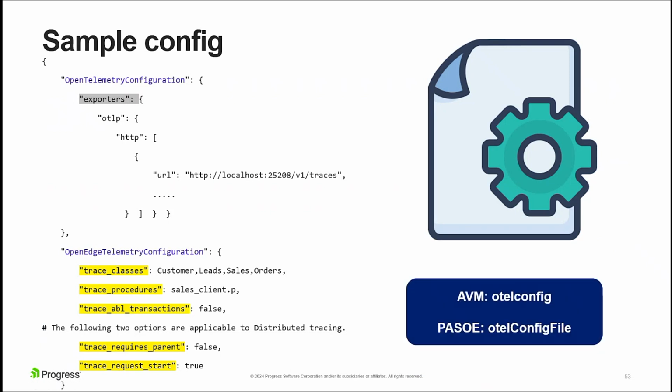For PASOE clients, we update OpenEdge.properties with the otelconfig file as the new attribute that got added to OpenEdge.properties. Exporters can be of two types: OStream, which is mainly used for debugging, and OTLP, the OpenTelemetry Protocol, with which we can use HTTP and gRPC.